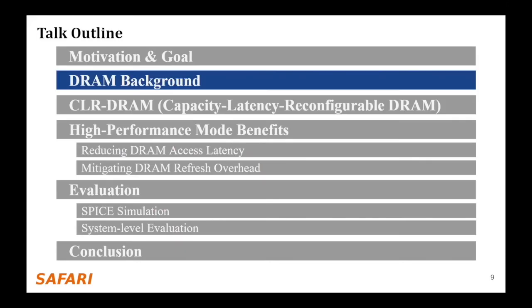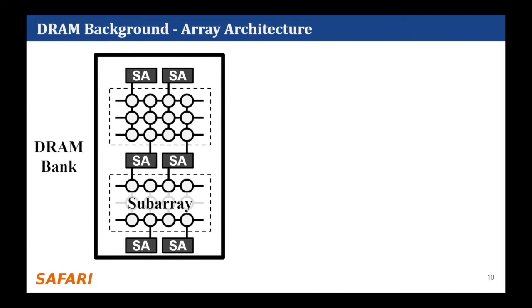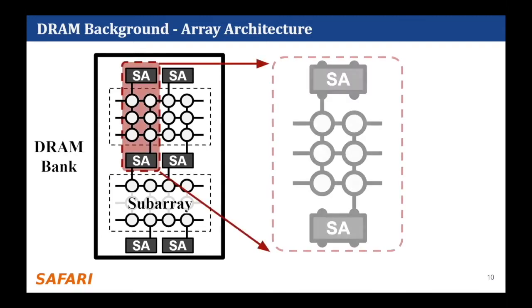Next, I will briefly introduce how DRAM works, as well as some extended information on the common DRAM subarray architecture in the field. A typical density-optimized subarray architecture is shown on the right.